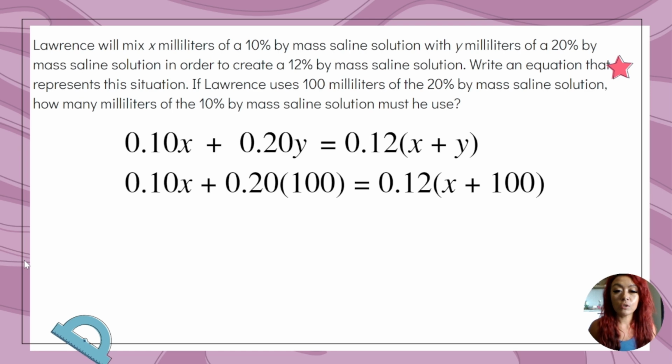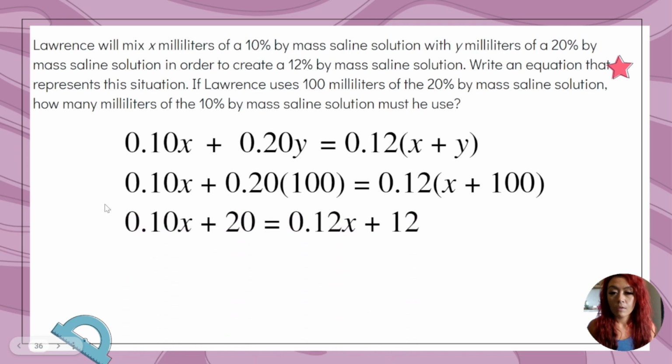So we're going to use this and now solve for x. So we'll simplify both sides. 0.10x plus 0.20 times 100 is 20 equals 0.12x plus 12.